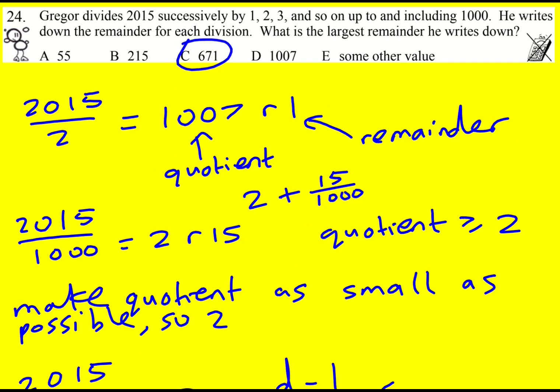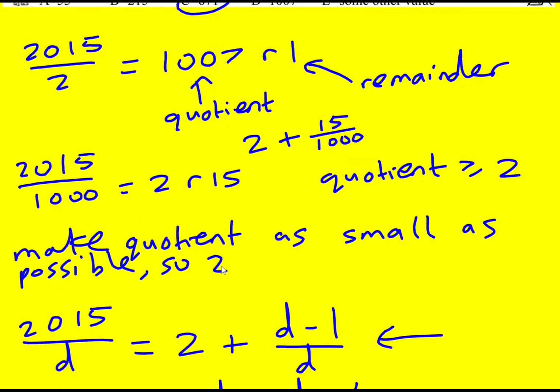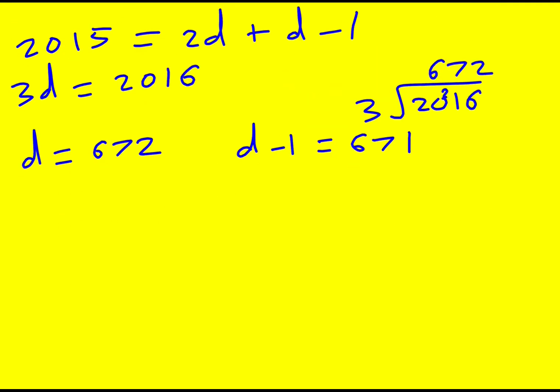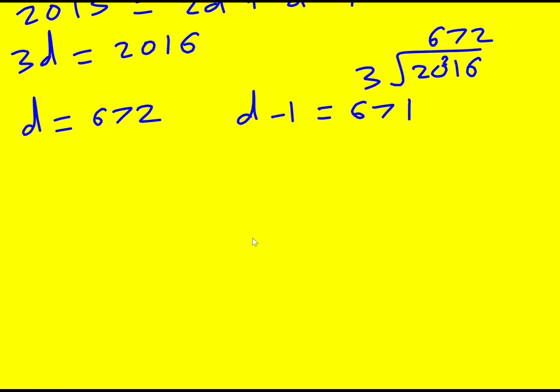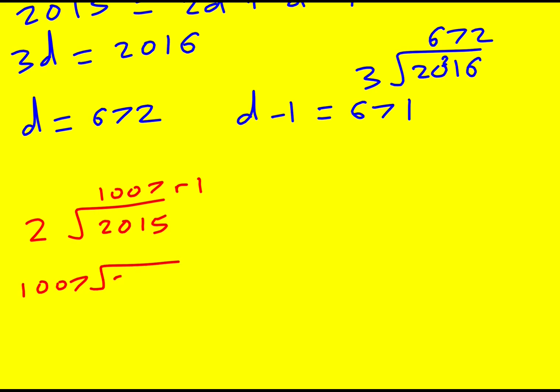Let me show you how I did it now, and this is not a good way actually, but it got me the right answer. But really, I'd say, look at this and make sure you understand it. So when I did it, I used essentially the idea that 2 into 2015 is going to go 1,007, remainder 1. But what that means is that 1,007 into 2015 is going to be 2 remainder 1. That's a very small remainder.